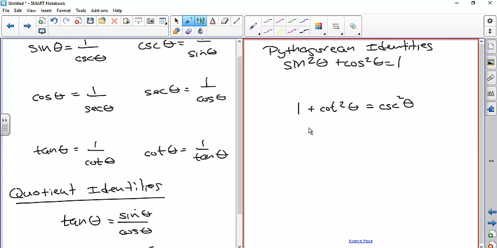And if you divide this by cosine squared, you'll get tangent squared theta plus 1 equals secant squared theta. So these are the 3 Pythagorean identities, which apply for right triangle trigonometry, but they also apply for any kind of trigonometry. The thing with right triangles is all the lengths are positive.